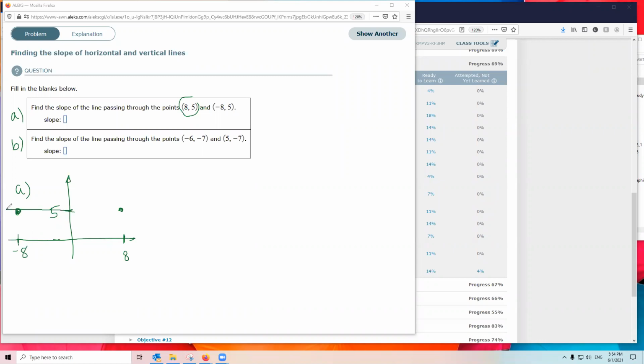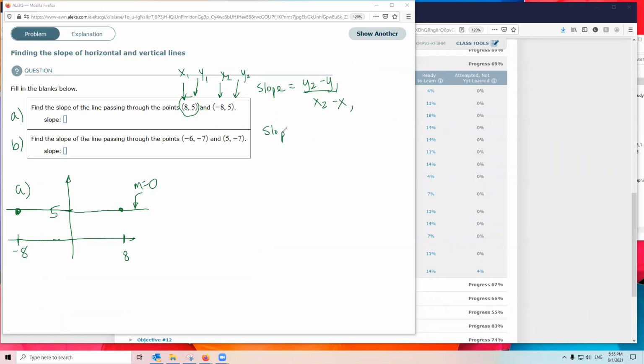So I can see this is a horizontal line. Well, I know a horizontal line has a slope of 0. But let's work it out using the slope formula just to see that that really is correct. The slope is y2 minus y1 over x2 minus x1. I'll label these points x1, y1, and x2, y2. All right, so let me plug in.